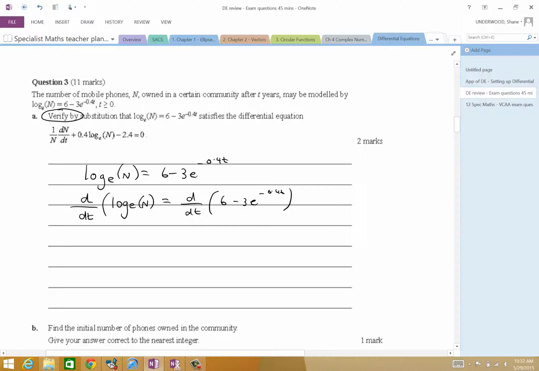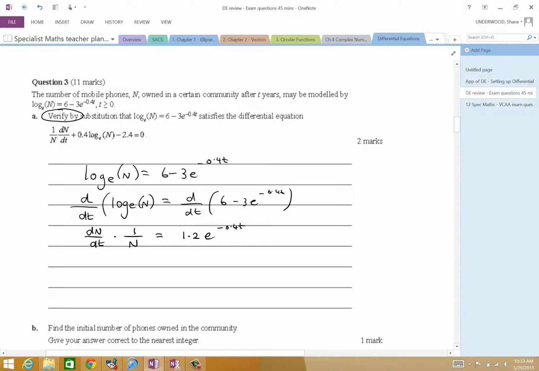But we've got to use the notation that we've been given. So isn't that going to be dn/dt times 1 on n? Are you okay with that? Yeah. Now that is a tricky concept to understand. Then I've got that equal to 1.2 e to the negative 0.4t. You follow me so far?